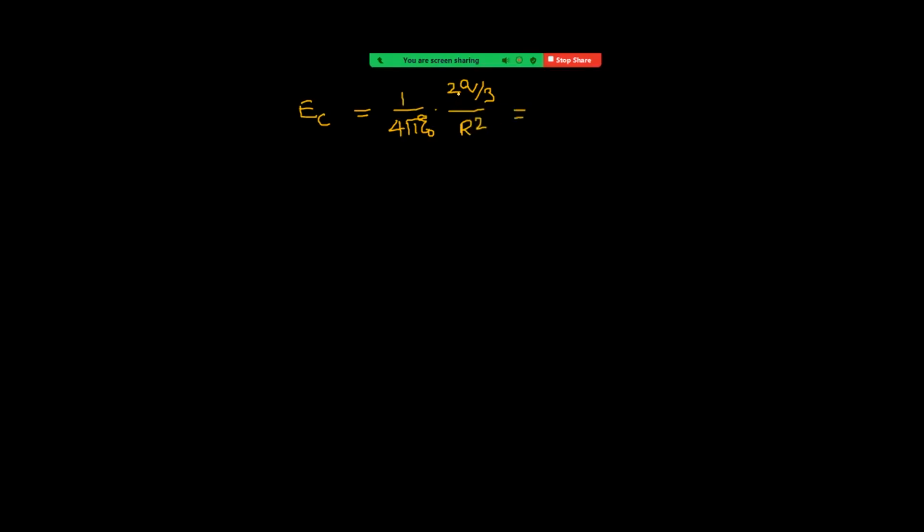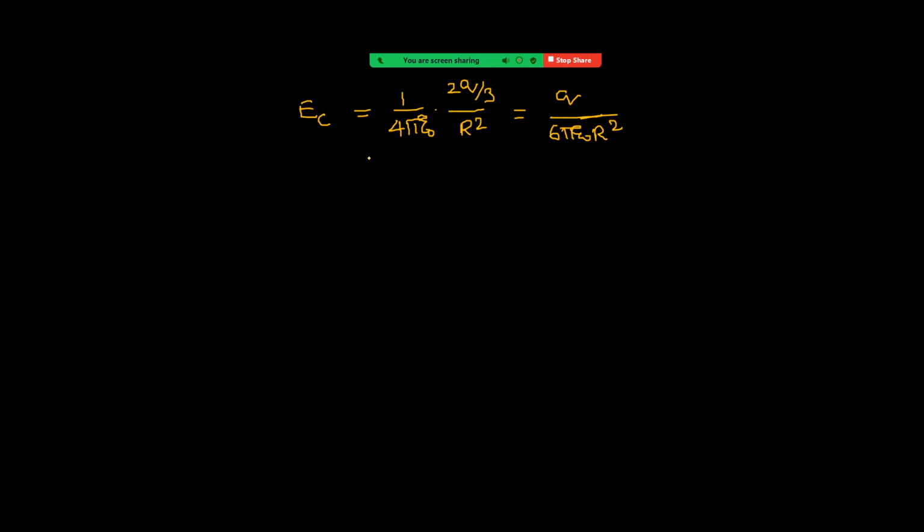See the value, how much? 2 here, 2 times. Remaining is now Q by 2 times. Remaining means how much? 6 pi epsilon naught R square. That is now the field because of only point C.